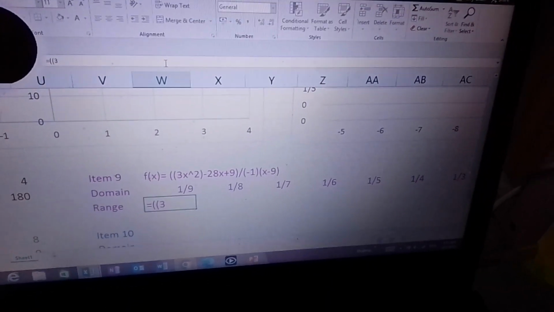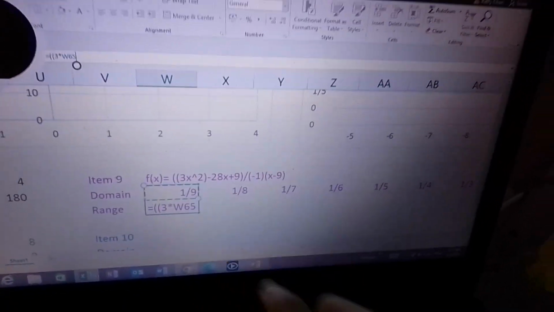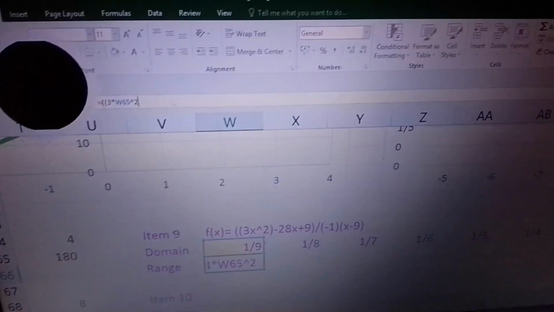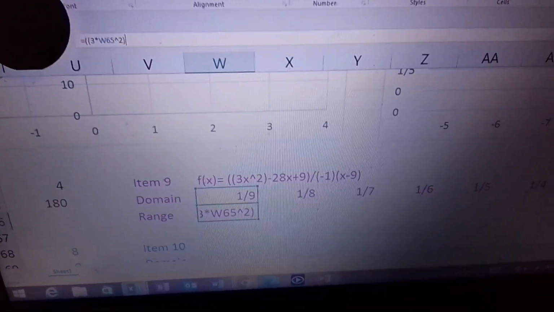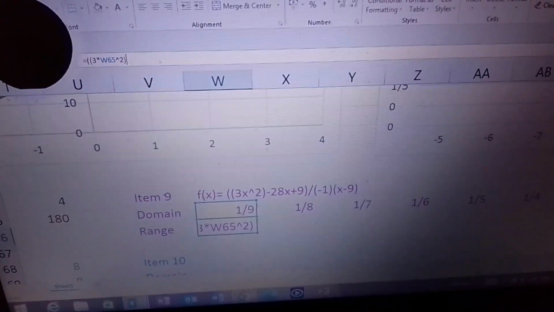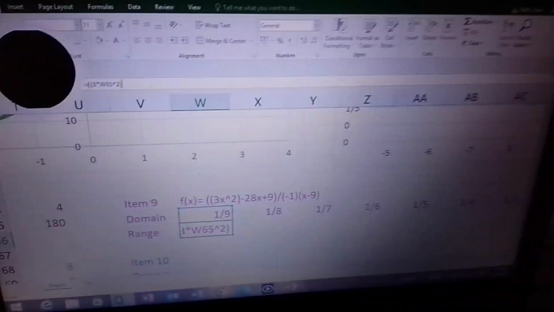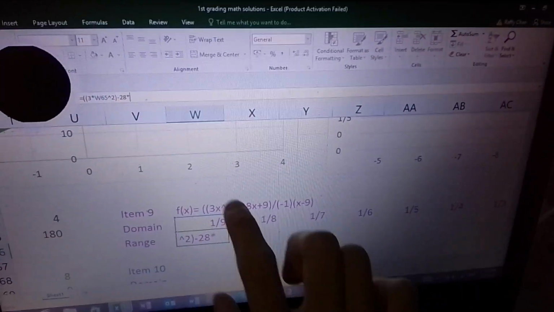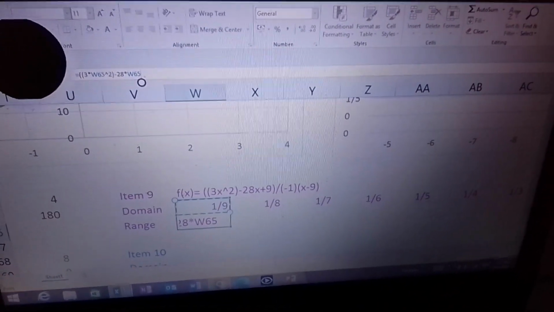So, 3 times this guy. I forgot to press the asterisk to multiply. So, 3 times this guy squared, di ba? So, yun ang dapat mauna. And then, minus 28 times this guy again. Ito yun.